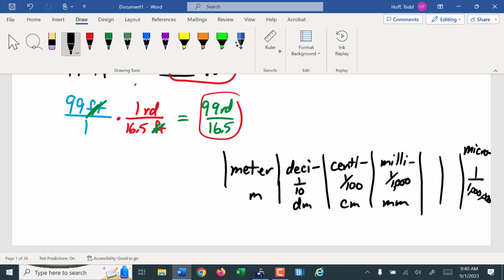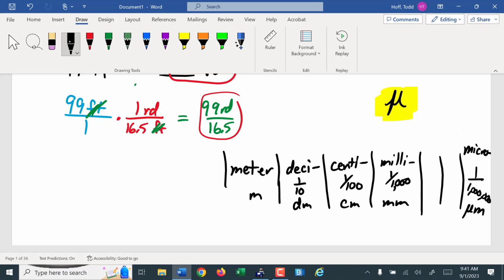Now, technically, the scientific abbreviation for micro is the Greek letter mu. It's like a U with a funny tail on it, or an open top P, however you want to look at it. So technically, the abbreviation for micrometer is mu-m.